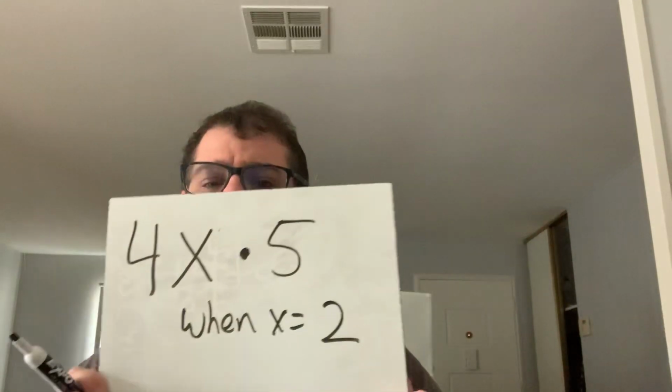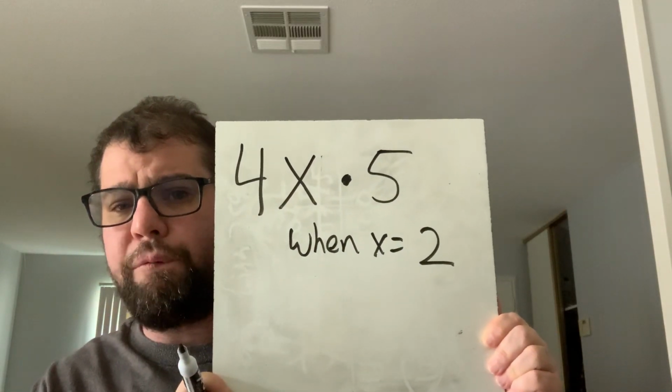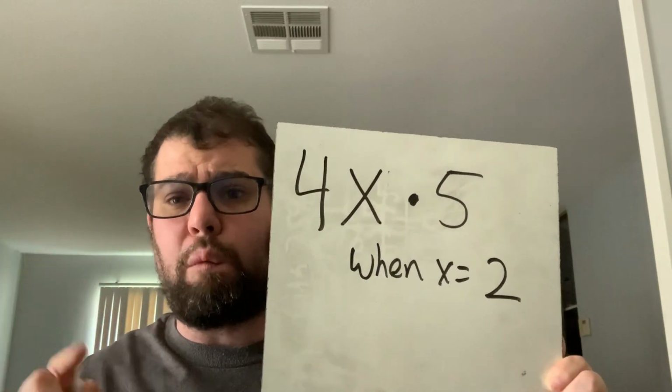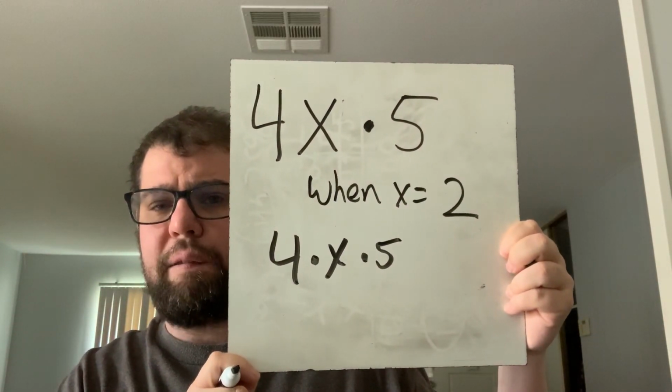Now, this is where we're going to get into something kind of new because I have to help you understand what's going to happen. So let's look at a problem where I have 4x times 5. Again, I want to start one step at a time. I want to do 4 times x times 5.